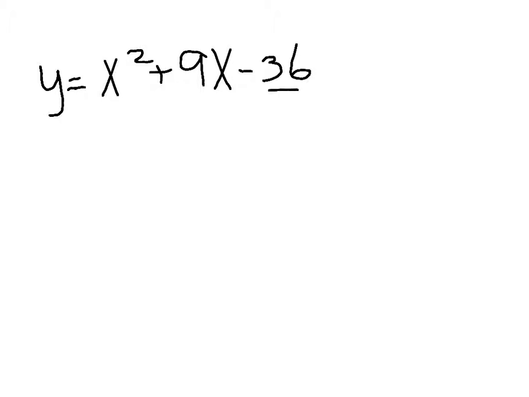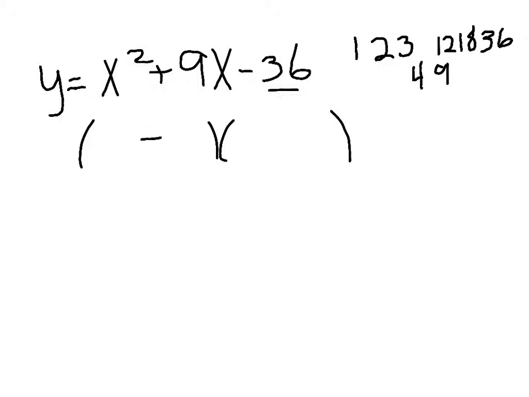Where are all the factors of 36? 1 and 36, 2 and 18, 3 and 12, 4 and 9. So what two numbers could I put in that would multiply to get 36, but then subtract to get 9?